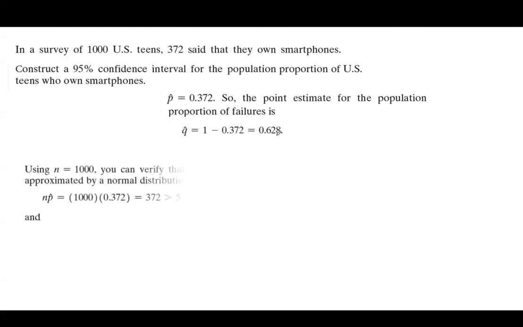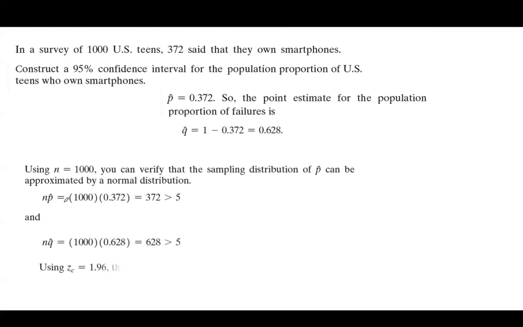Since n times p hat and n times q hat are large enough, it meets the normality condition. Now you can move on to the next step and calculate zc, which is your critical value.